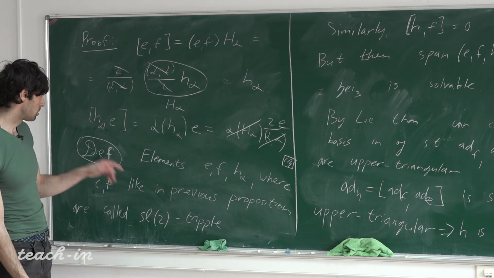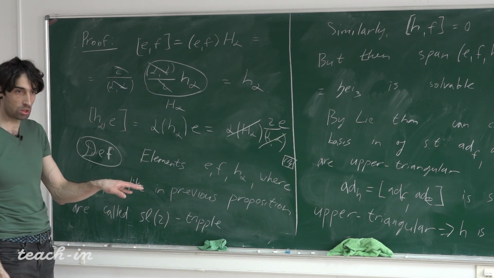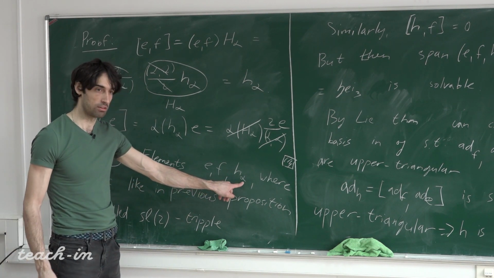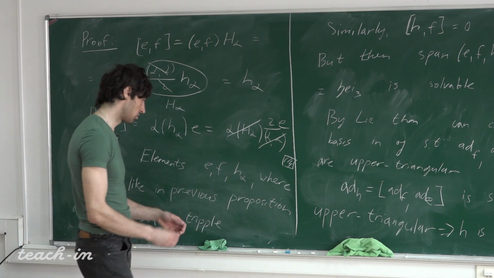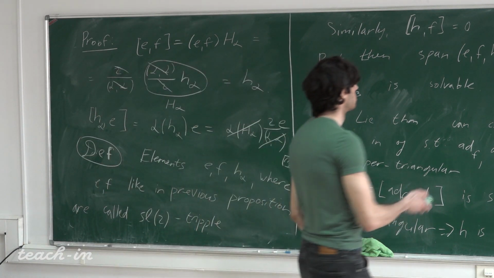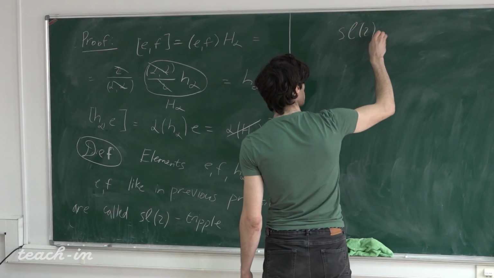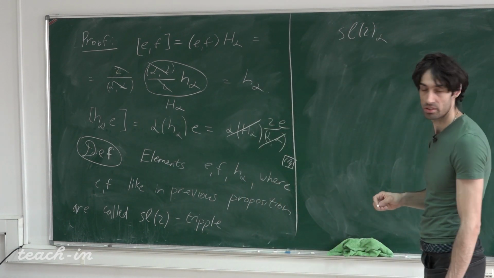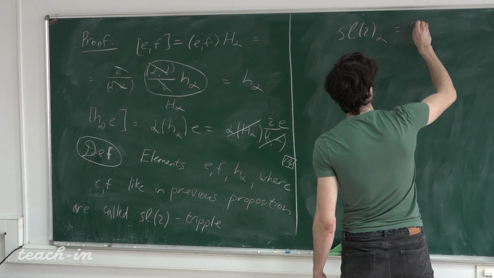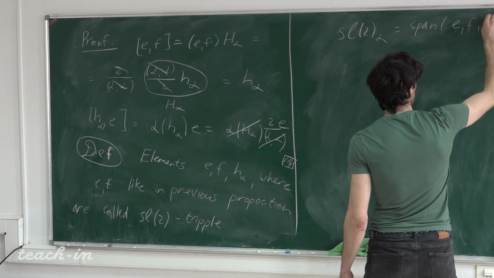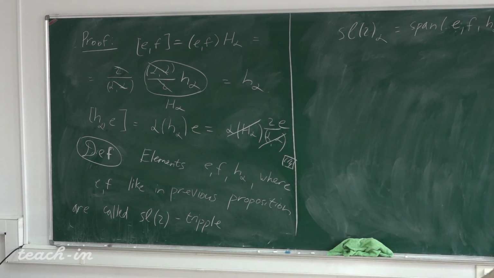And also, I would like to give some notation to this subalgebra for some concrete choice of alpha. We will need this. So I would like to write SL2 with subscript alpha. By this, I will mean the subalgebra which is spanned by this E, F, and H alpha.